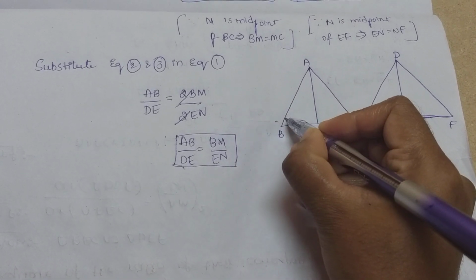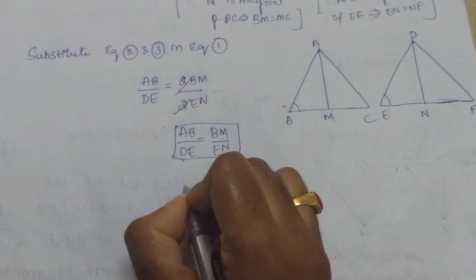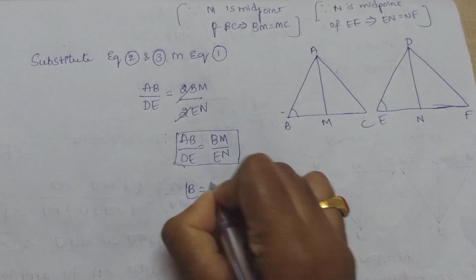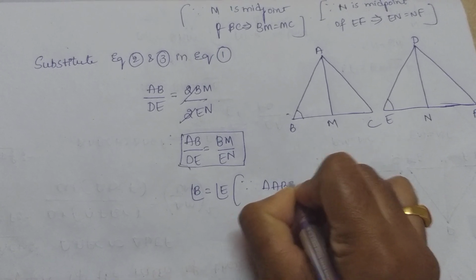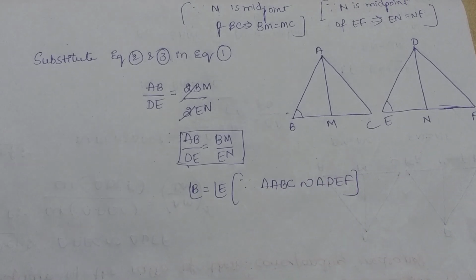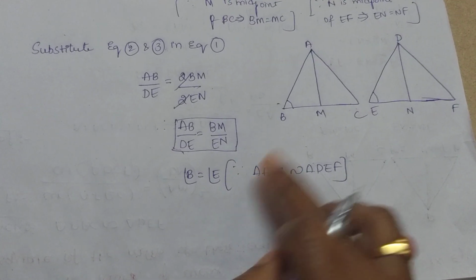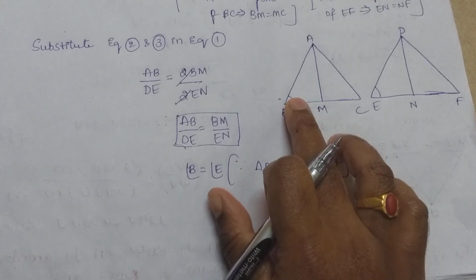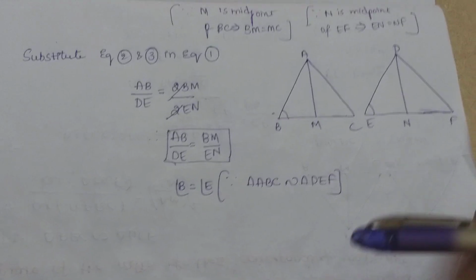It means angle B equals angle E. Write the same thing here. Angle B equals angle E, since triangle ABC is similar to triangle DEF. Since the two triangles are similar, I have made these corresponding angles equal. So angle B equals angle E.